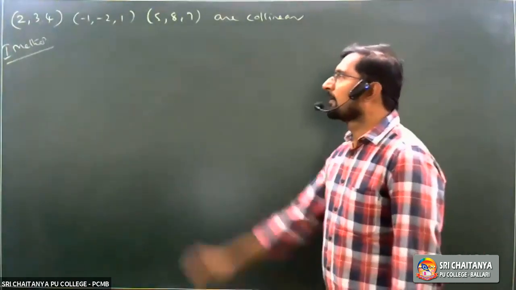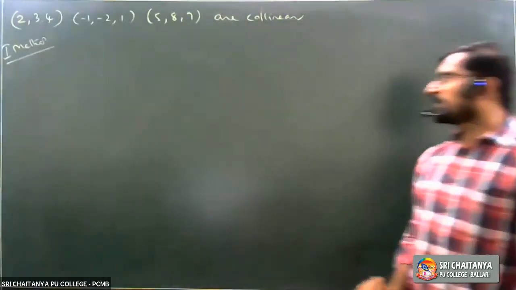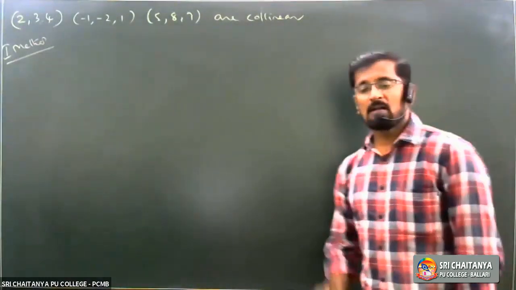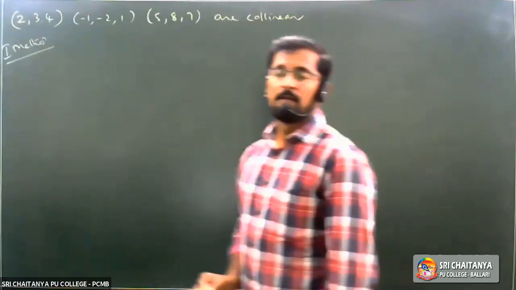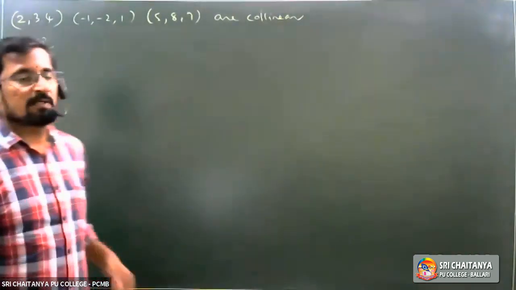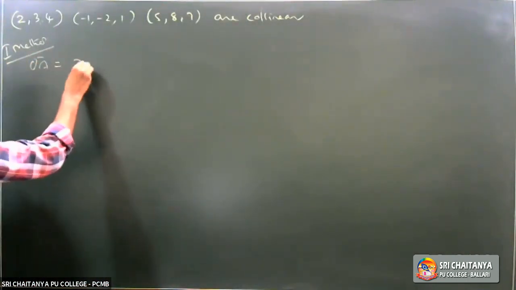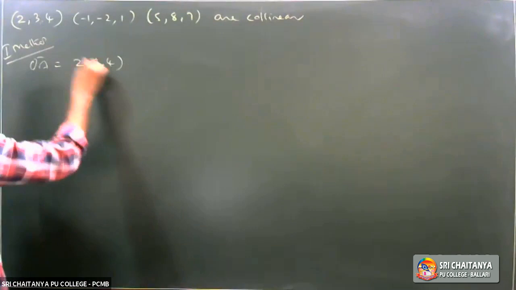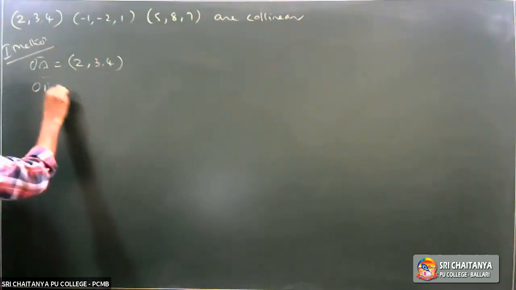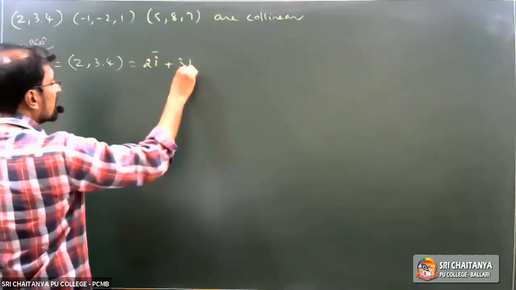Now, 3 points have been given to you and he asked us to show that those are collinear. Consider the first one as capital A, which is OA bar, which you can also write as 2i plus 3j plus 4k.